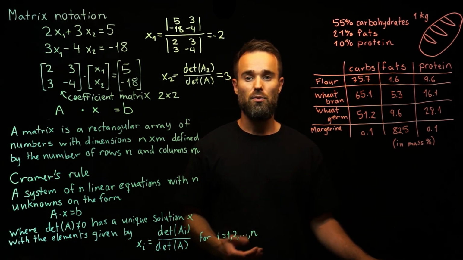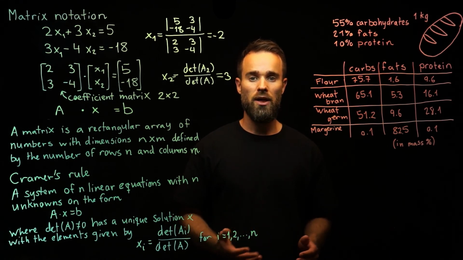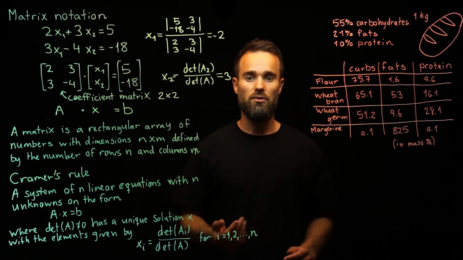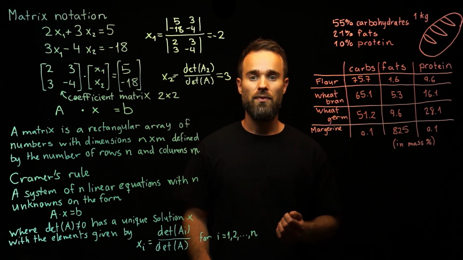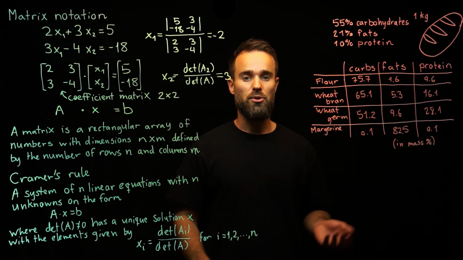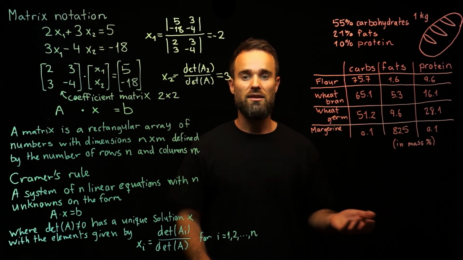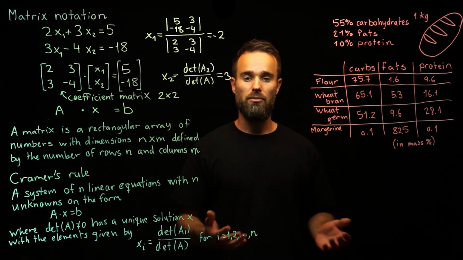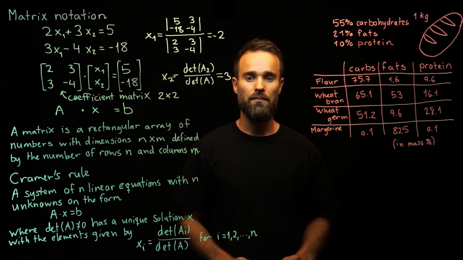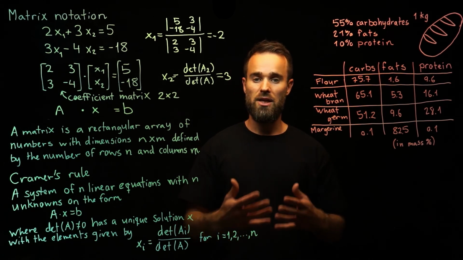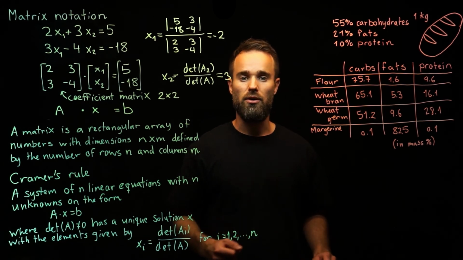The ingredients with their individual nutrients combine in some unknown way such that the sum of the ingredients is 1 kilo, the sum of the carbs is 55%, the sum of the fats is 21%, and the sum of the proteins is 10%. We can combine this information in 4 equations with 4 unknowns.